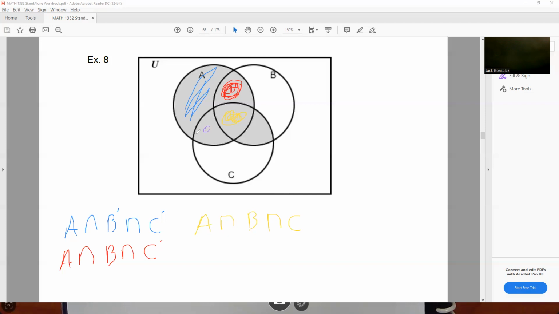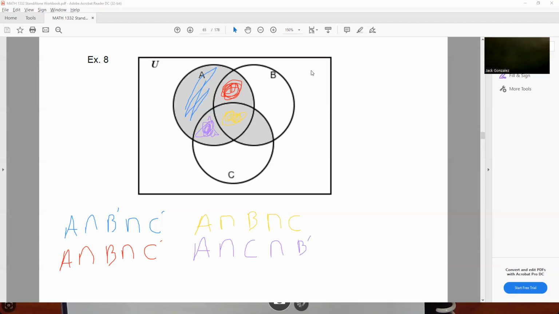Okay. Purple. A intersect C intersect not B, right? You said. Yeah.